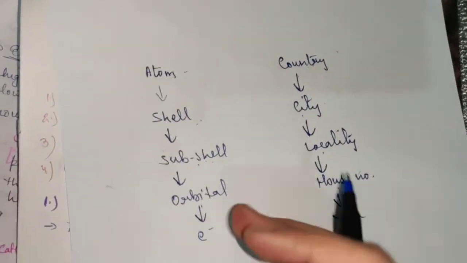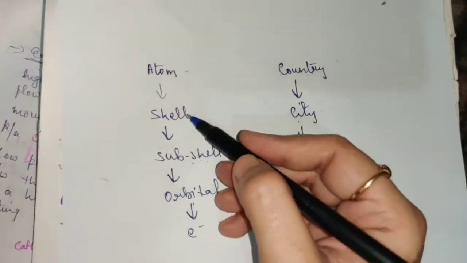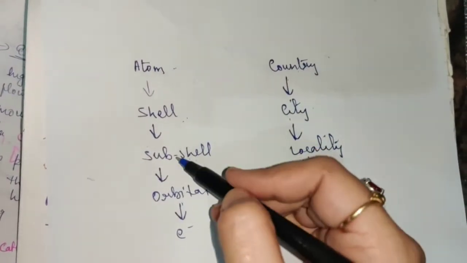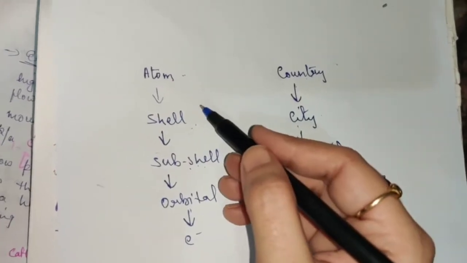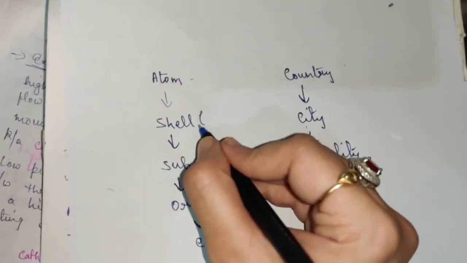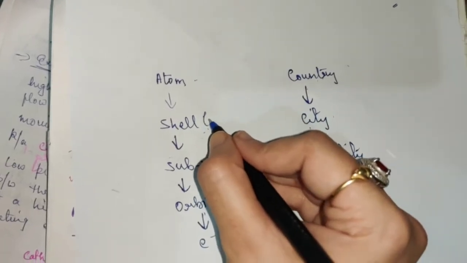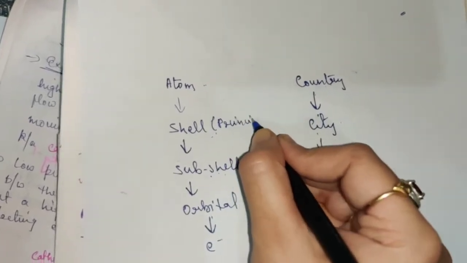Now when you have to find out the position of an electron, these are the various informations that you get from the quantum numbers. The information of shell, that is in which shell the electron is present, is given by the principal quantum number.